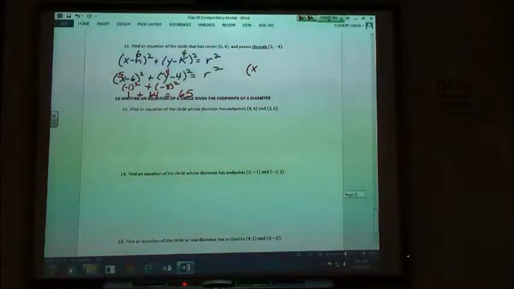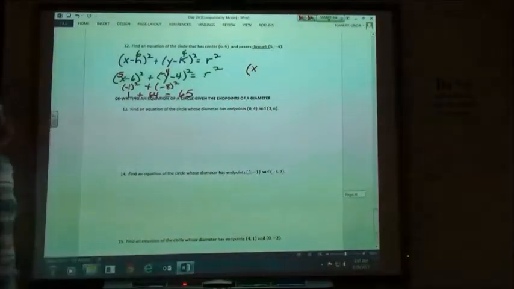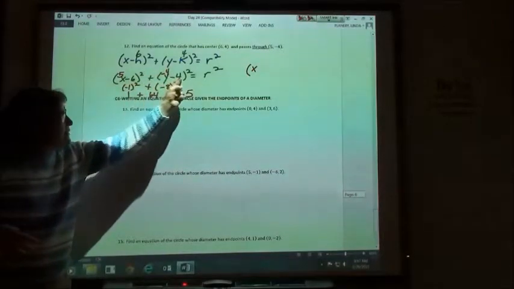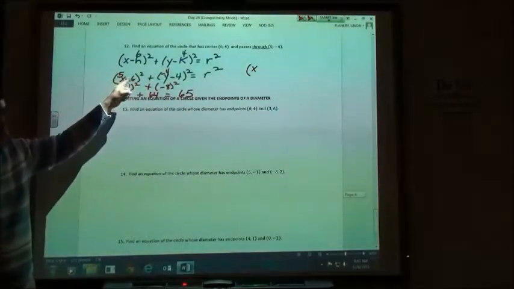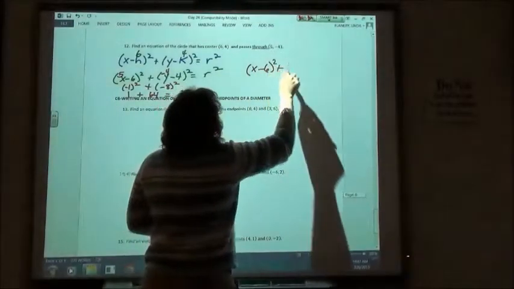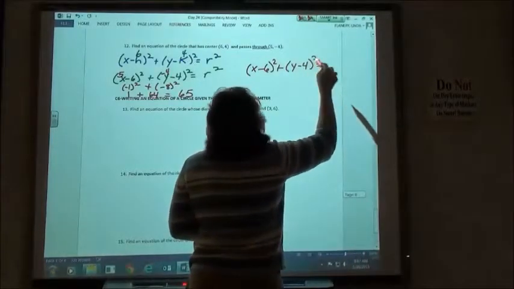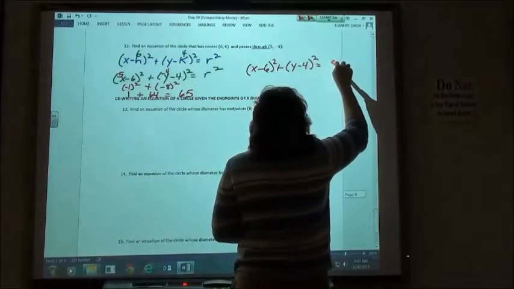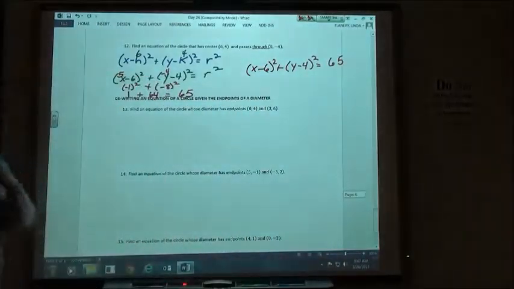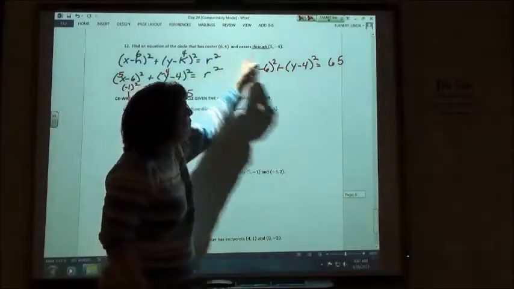When we go back to our equation for our circle, we leave those numbers out. So it's (x minus 6) squared plus (y minus 4) squared equals 65. The center was at 6 and 4.